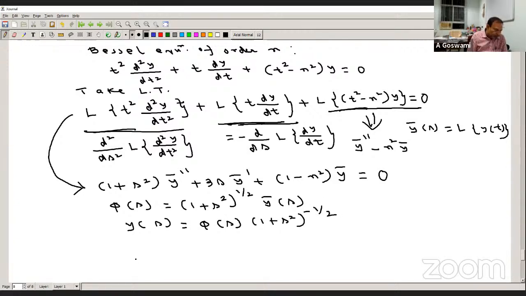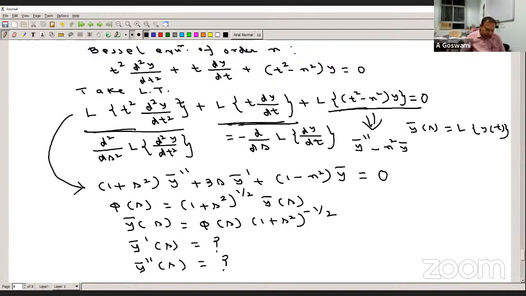So from here, you can find out what y bar dash is. You can find out what y bar double dash is. This also you can find out. And now, sorry, this is not y, but y bar.